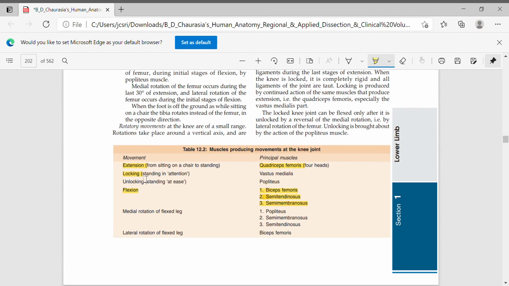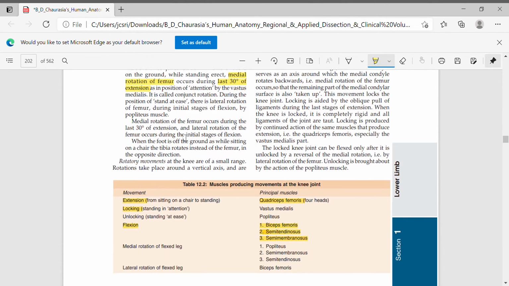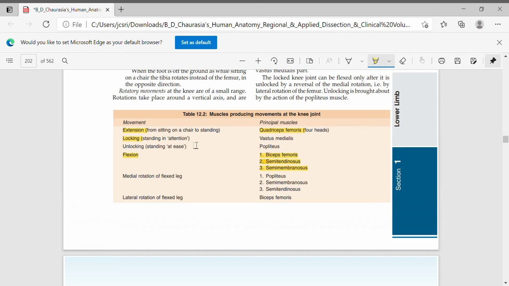Locking occurs only at the last 30 degrees of extension, where there will be a medial rotation of the femur. It is contributed by the vastus medialis.